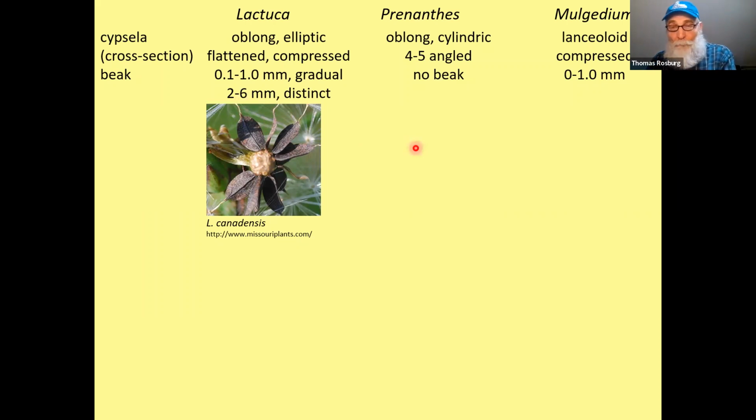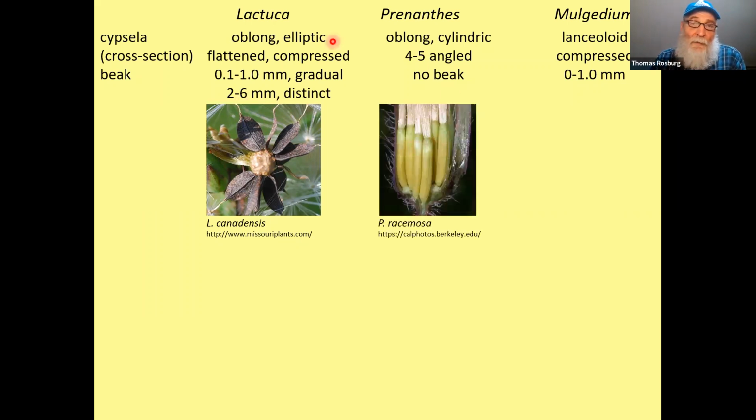In Prenanthes, the cypsela is not flat at all. It's more of a cylindric, columnar kind of shape structure. It's very oblong, it's 4 to 5 angled, and there's no beak at all. You can see the pappus joining the top of the fruit right here directly.